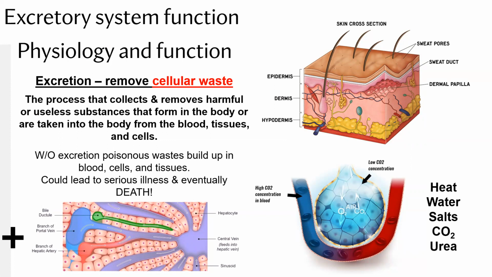And this cellular waste could be various things. It could be toxins, it could be CO2, it could be small molecules. So there's a variety of things that could be circulated in the bloodstream as they leave the cells in organs across our body, and then get to these excretory organs to then exchange them with the external fluid.